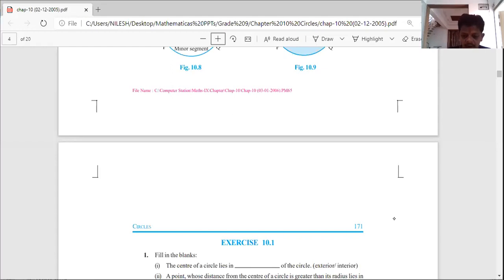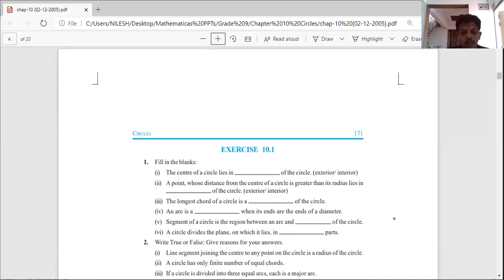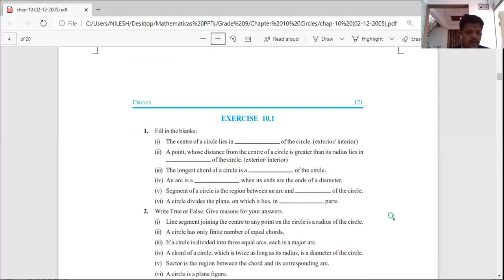Exercise 10.1. The center of a circle lies in the interior of the circle. Write down the answers.